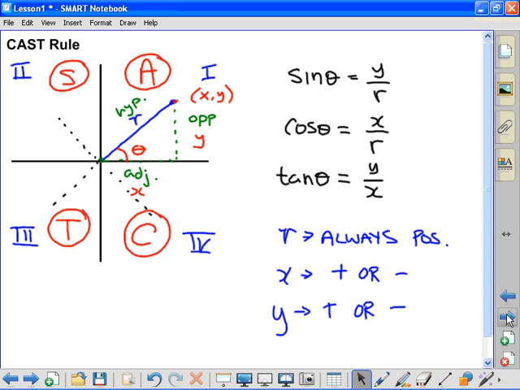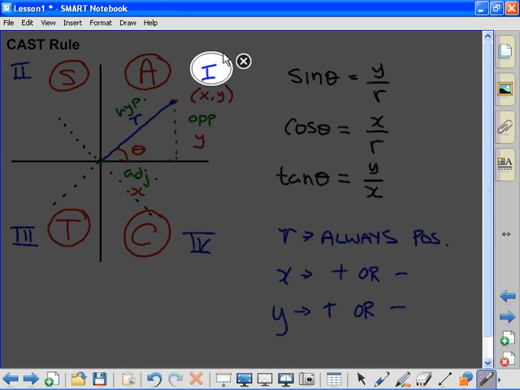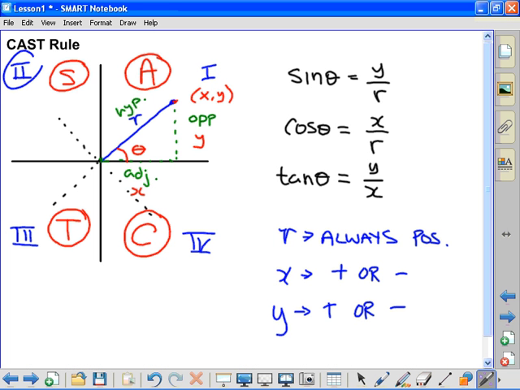Moving on to the cast rule. The cast rule is going to be used in the calculus portion. We don't use it a whole lot in vectors. A little bit off the start, but very, very minimal. So with your cast rule, your quadrants 1, 2, 3, and 4 are numbered accordingly, starting in the top right and moving counterclockwise.